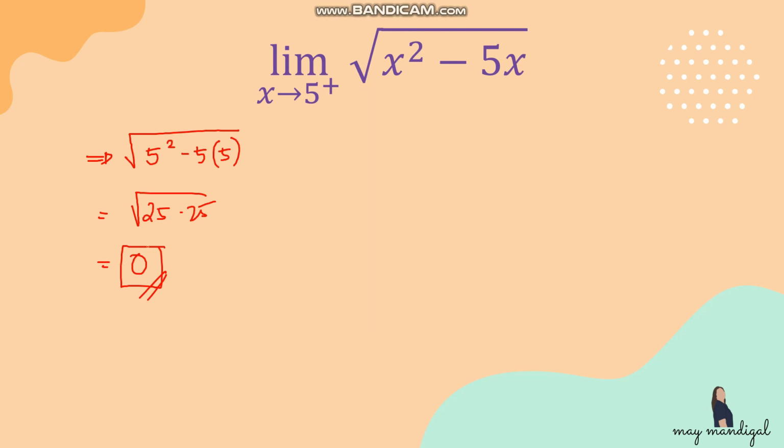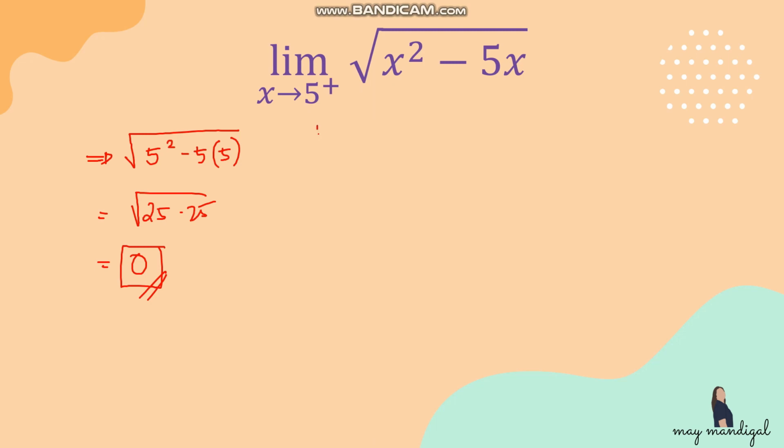Now, we have to make sure that the value of the limit is really equal to 0. How are you going to check? We can identify values from the right of 5, and then substitute them to this given function, and see if it will really approach 0. So what are the values on the right side of 5?